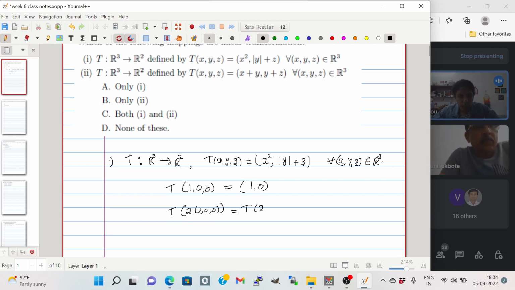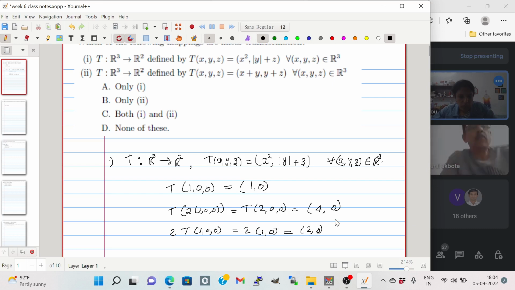This is T of 2, 0, 0. By the definition of the T map, we get x square, here 2 square, this is 4, and mod y plus z, this is 0. If T is linear, T of 2 times the vector should equal 2 times T of 1, 0, 0. What is T of 1, 0, 0? This is 10. So this is 2 times 10, which is 20.